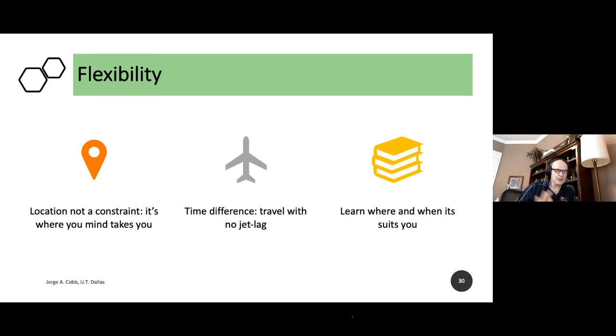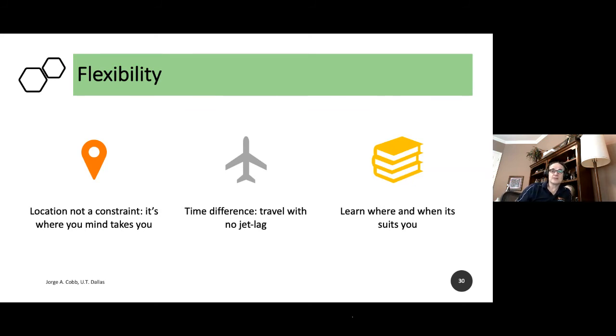So flexibility. Location is not a constraint. It's what's in your mind that matters, right? What we're really trying to do is to make you think like an engineer, make you think like a scientist, and empower you to process information, and really it doesn't matter where you are.